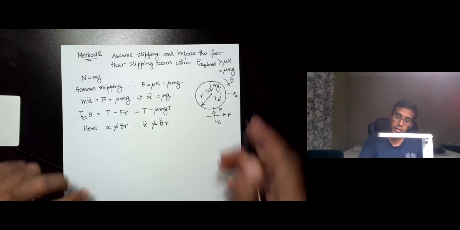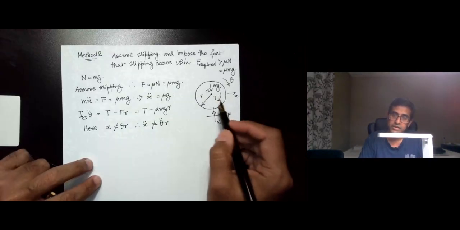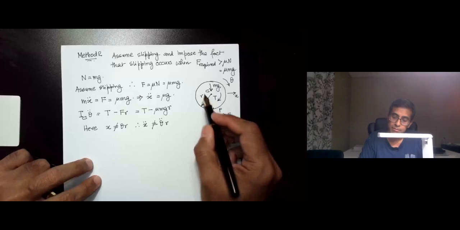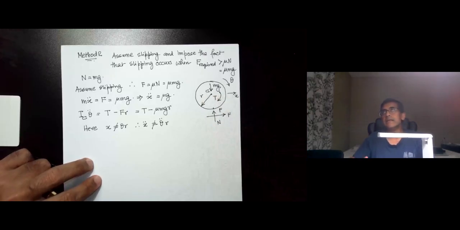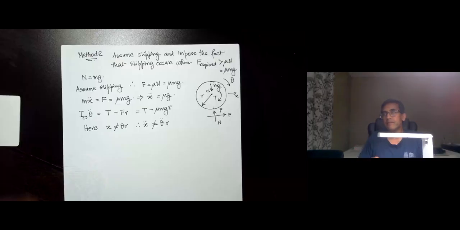However, we note that in this case what is happening is that because there is a torque being applied, the internal propulsion mechanism has a tendency... remember that slipping can happen in two ways.